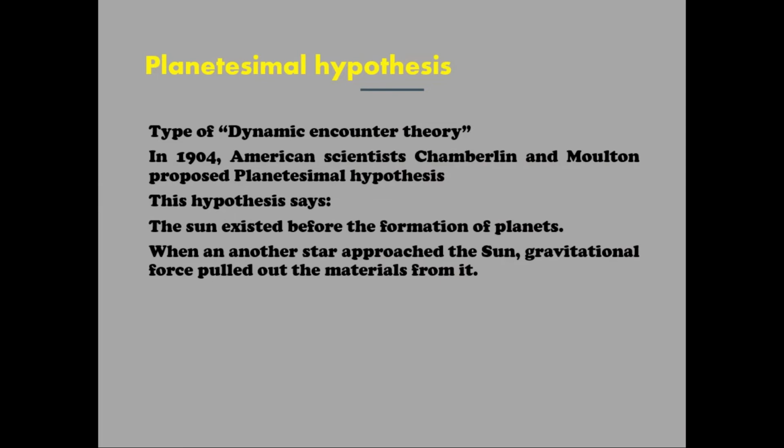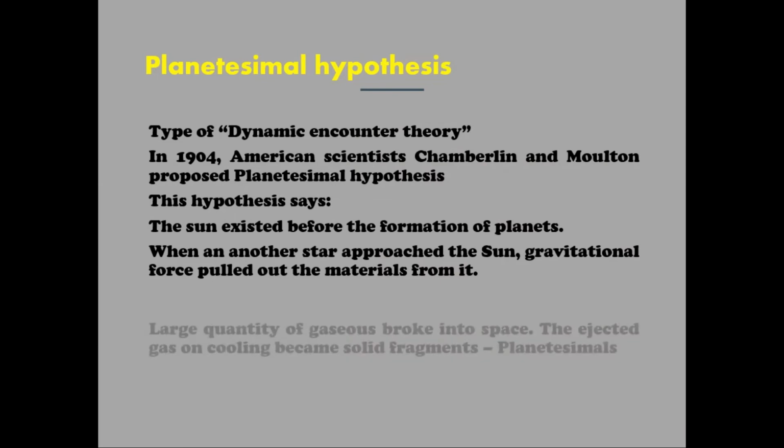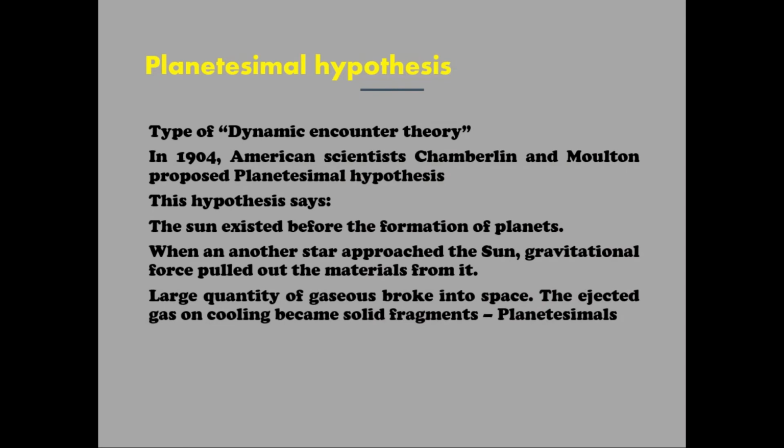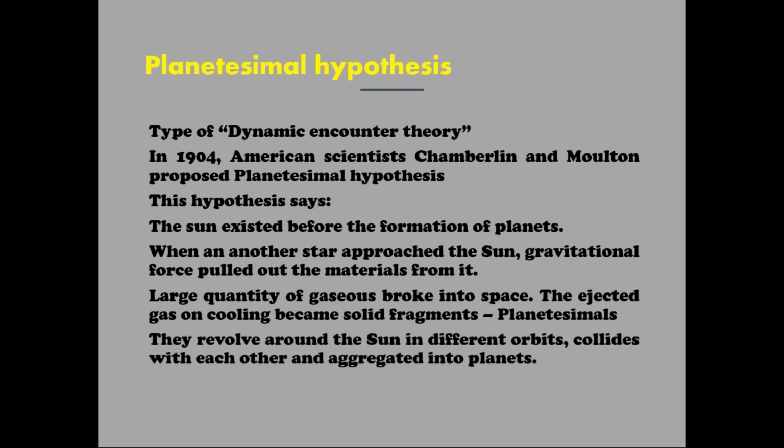During such pulling action, a large quantity of gases broke into space. The ejected gas on cooling became solid fragments, called planetesimals. Such broken particles revolve around the Sun in different orbits, collide with each other and aggregate into individual planets.